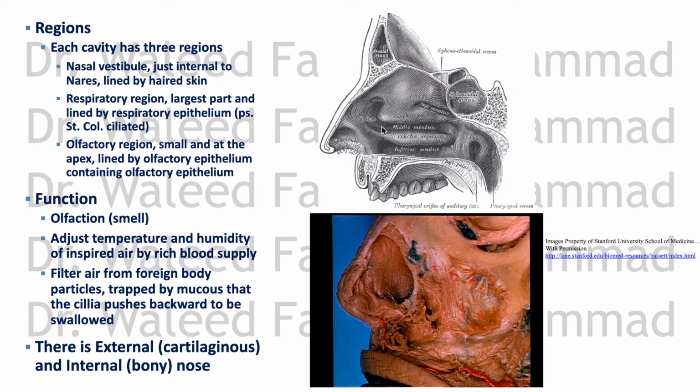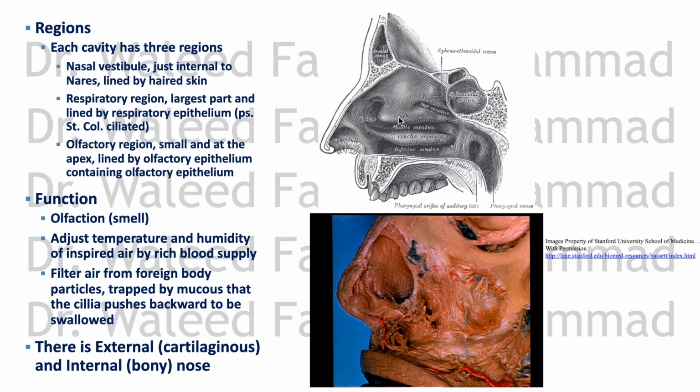What else? Well, I told you that the biggest part is the respiratory region that's lined by pseudostratified columnar epithelium with goblet cells, which means it secretes mucus.